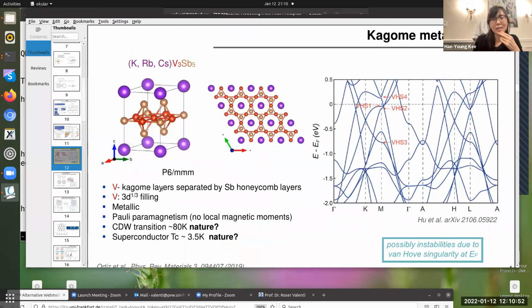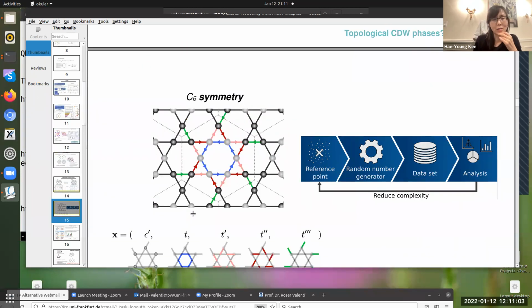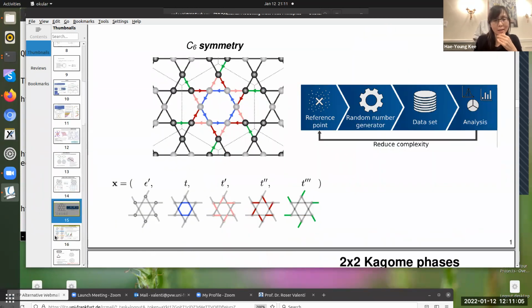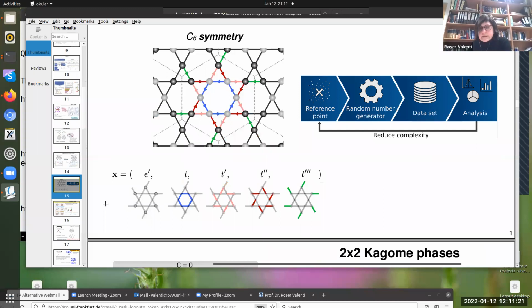But then you said it's a large unit cell and so on, so it's not that simple. But if you want to focus on some of the Van Hove singularities and so on, one can probably get them. But then I thought that you would add some effect of the Coulomb interaction, I mean, some Hubbard interactions or something, to see how statistics will help you understand which charge density wave will be preferred. Yes, this is what we're doing now.